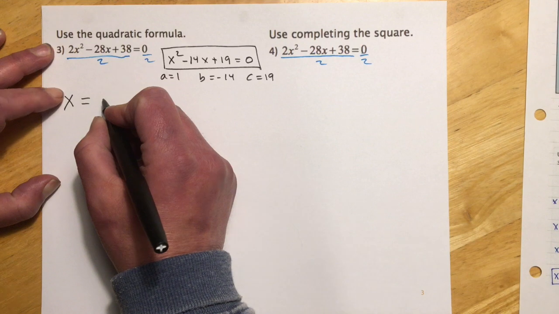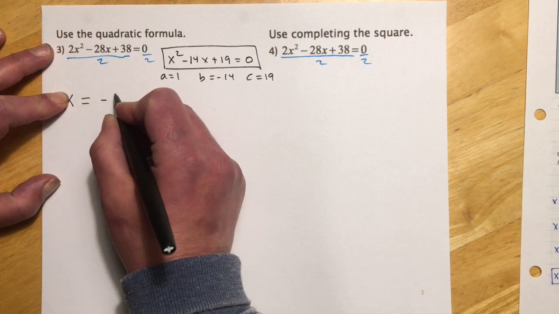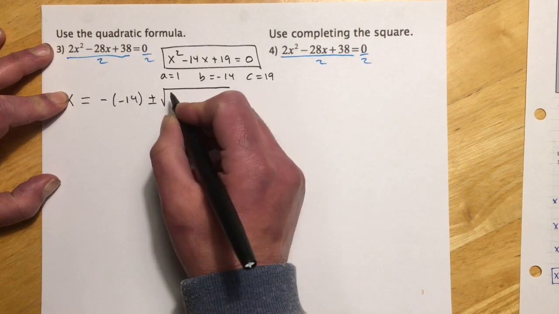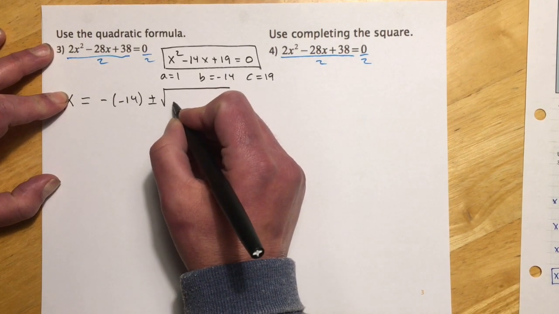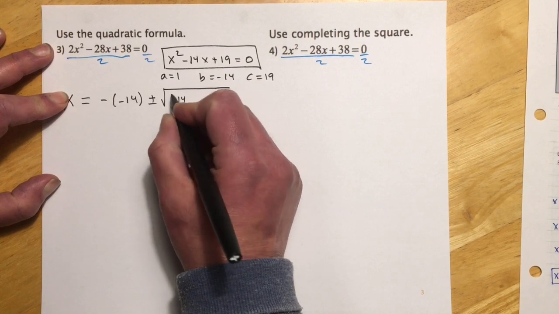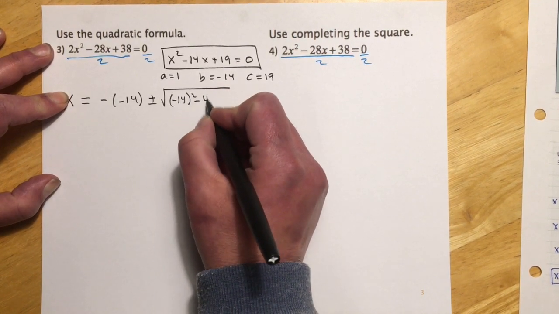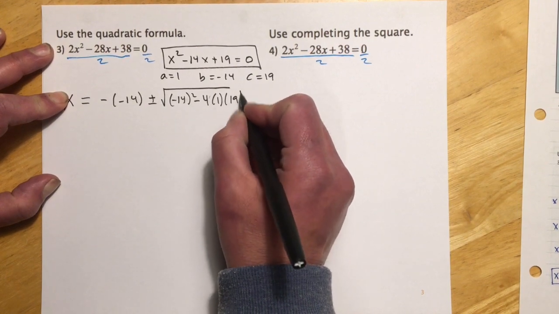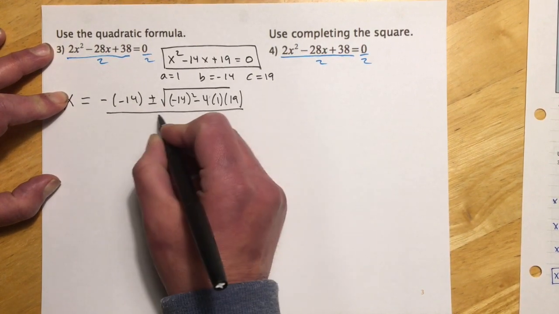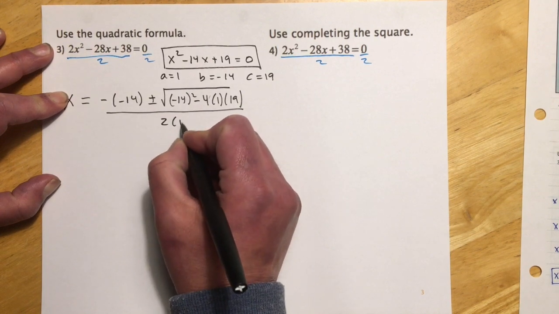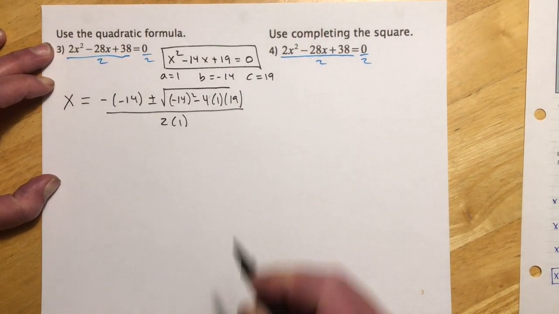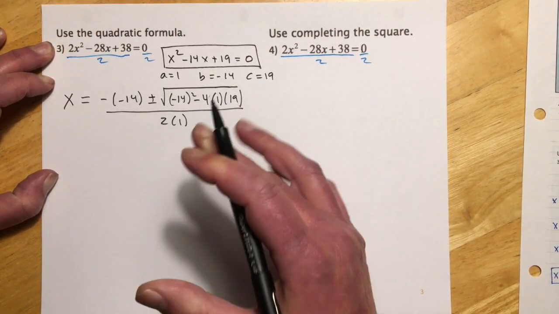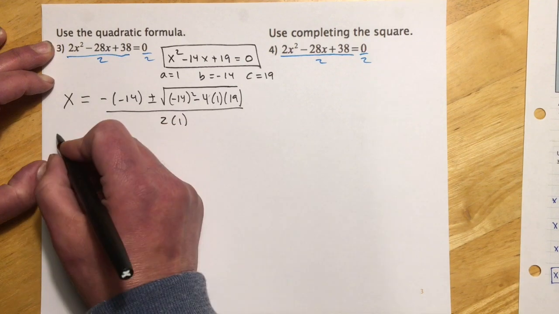So negative b, so that'd be the negative of negative 14, and then it goes plus or minus square root of b squared, which is negative 14 squared, minus 4 times a is 1 times c is 19, all over 2a, so 2 times 1. And so that's pretty much it, and I just have to successfully clean that up, which could be a little bit challenging.